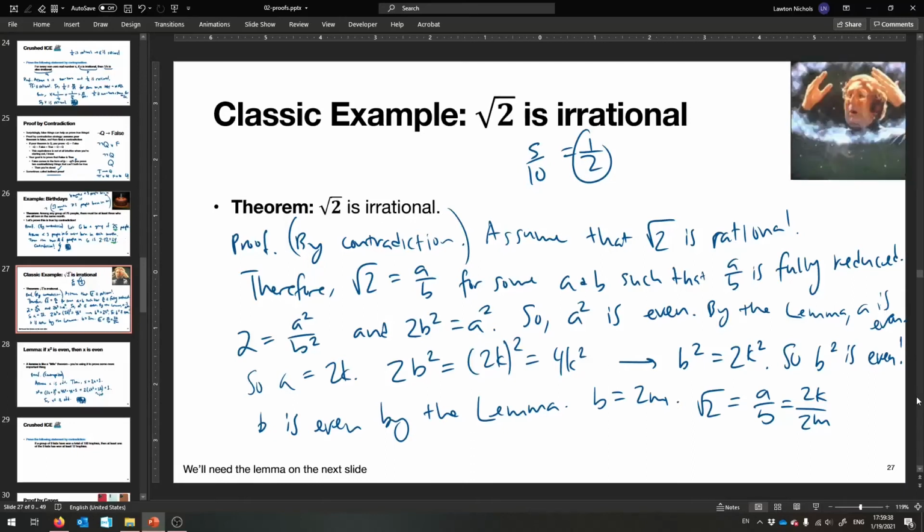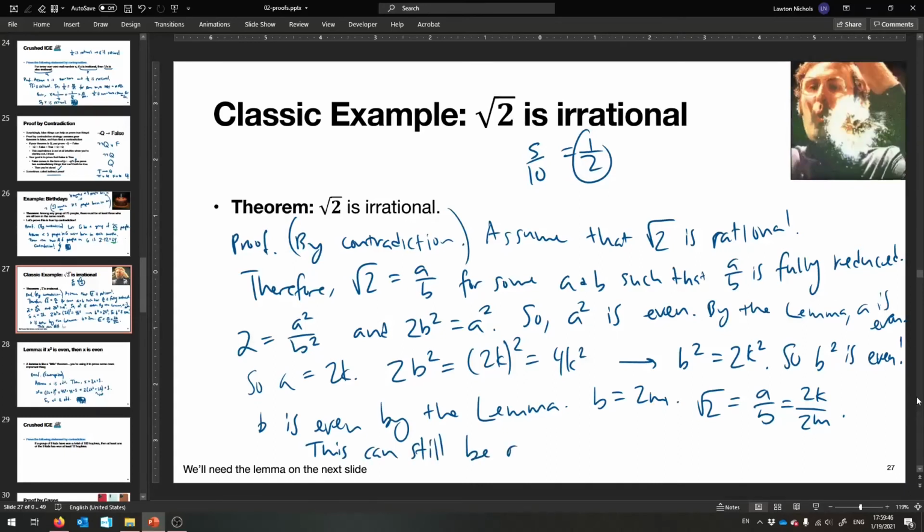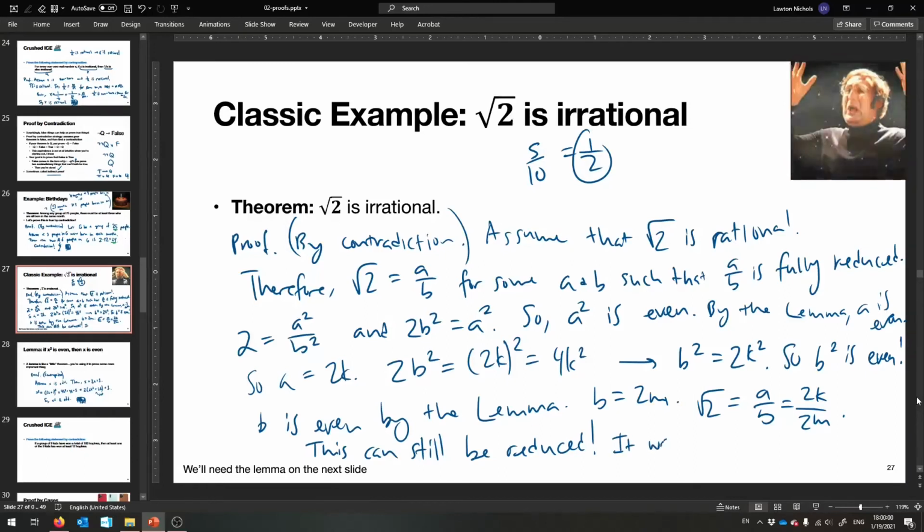Do you see that? This can still be reduced. So it wasn't actually in a reduced form. It wasn't fully reduced to begin with, even though we assumed that.